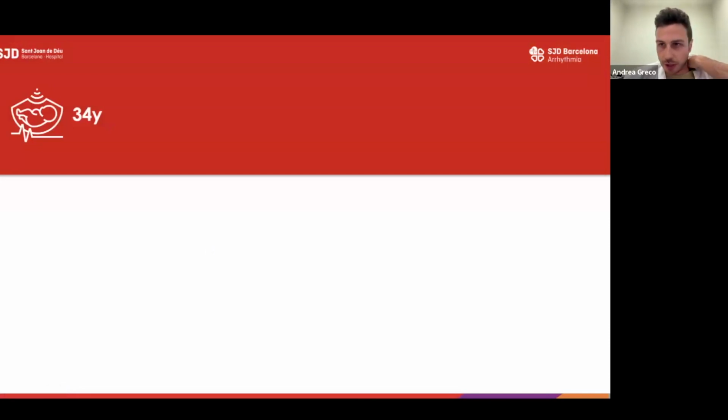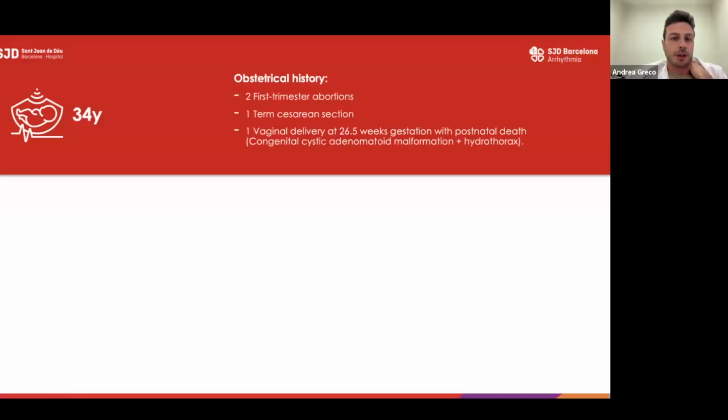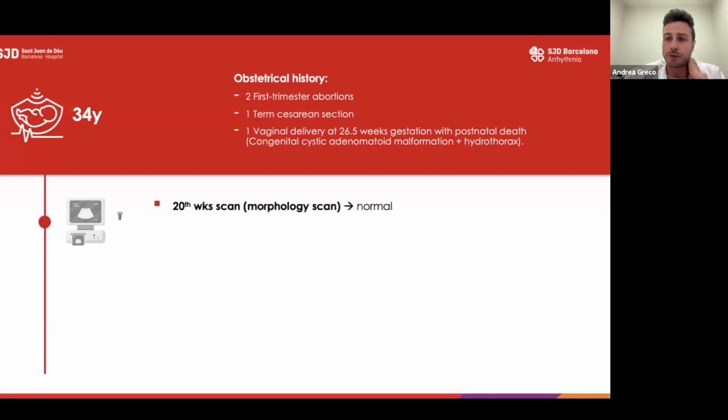So let's go through this third clinical case. Let's start with the fetal history. We have a 34-year-old woman with an obstetrical history of 2 first trimester abortions, 1 term cesarean section, and 1 vaginal delivery at 26 weeks gestation with postnatal death for a congenital cystic adenomatoid malformation and a hydrothorax, with a normal morphology scan.